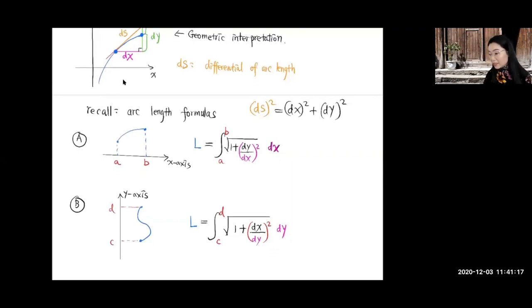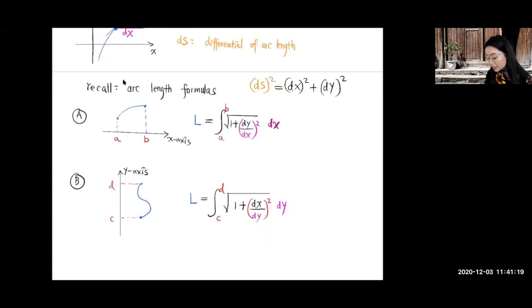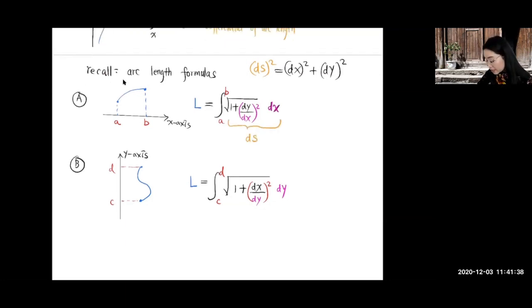Now, if you square this and distribute the dx inside, this one over here is actually going to be this ds. And this one over here is also ds. If you square this and put it inside and distribute, then you also get ds.